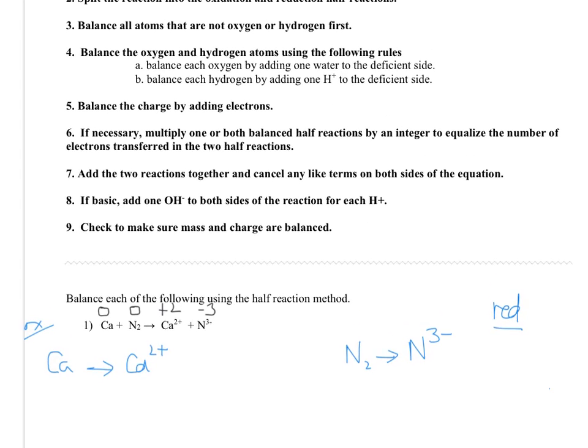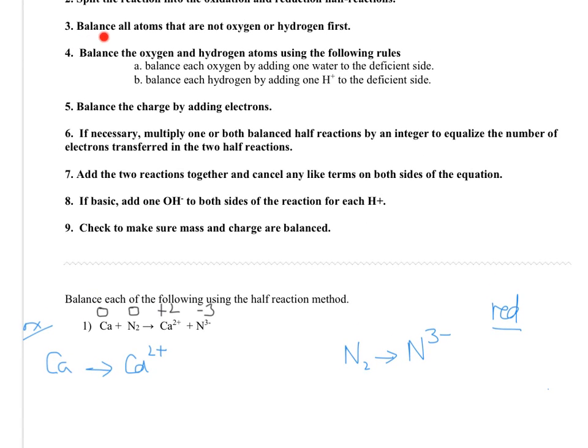Let's look at step 3. Step 3 says balance all the atoms that are not oxygen or hydrogen first. So we don't care about oxygen or hydrogen. We're just going to balance everything else. So let's do that. Calcium, we have 1 and 1, so that's already balanced. The nitrogen, we have 2 and 1, so that's not good.